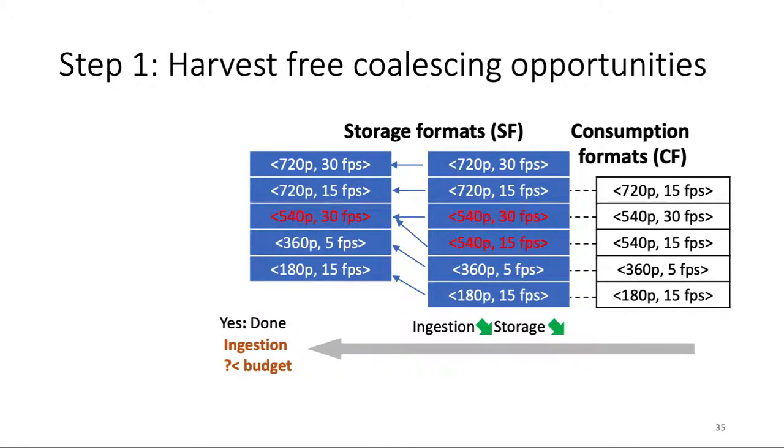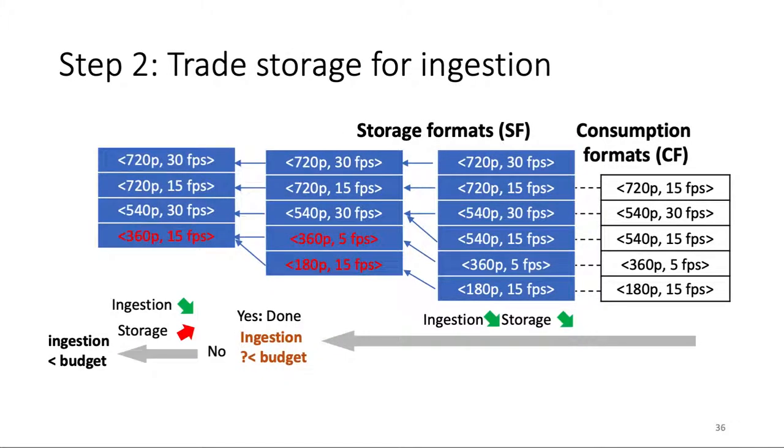And here we will check whether ingesting those video formats is below the ingestion budget. If yes, then we are done. But if no, then we need to further coalesce the consumption format pairs into storage formats. For example, the 360p 5 fps and 180p 15 fps.